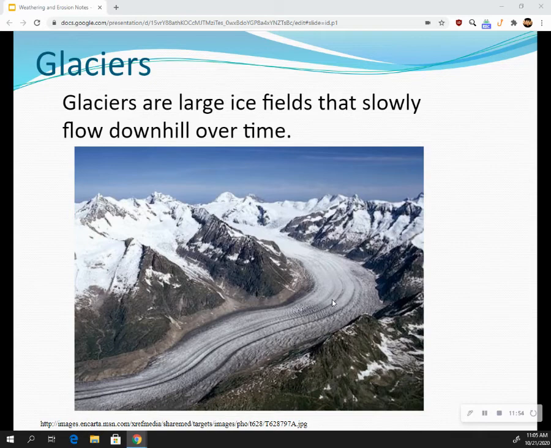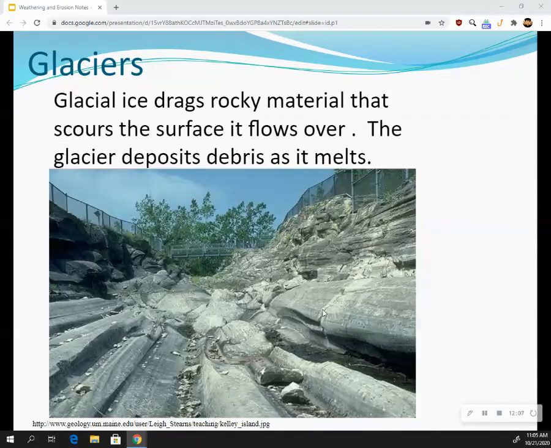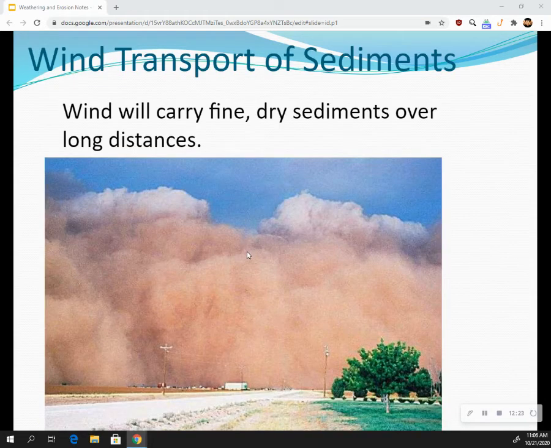These glaciers are just large frozen blocks of ice that will gradually move and cause a scraping and breaking down of the rock around them. As they drag rocky material and score the surface they flow over, they will break down these deposits of debris, and you'll see it over long periods of time as it melts.